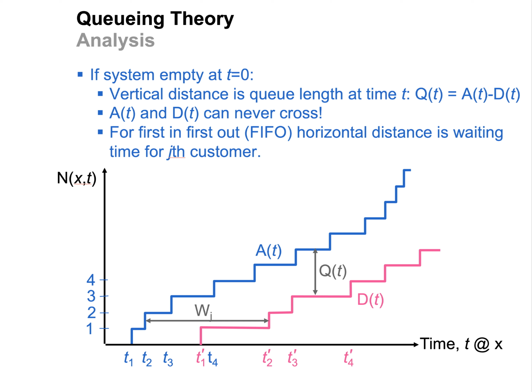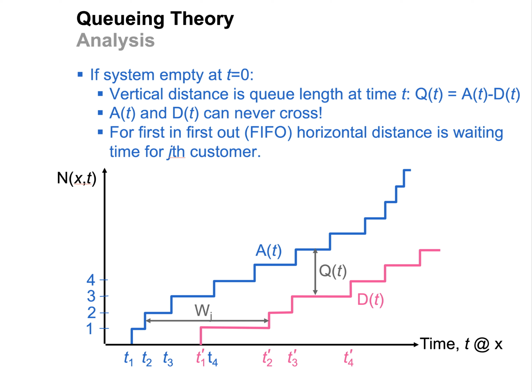Okay, so you can see for customer number 2, w sub j is just t prime 2 minus t2. And then, for example, at t4, you can see that there are 2 customers in the queue.